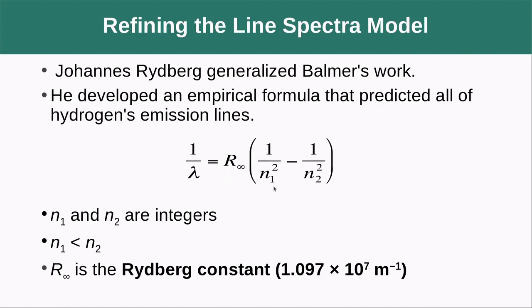Using his constant, he's able to have 2 different n values, where both of these n values are integers. n1 is always less than n2, and we are now able to get all of the possible predicted hydrogen emission lines.